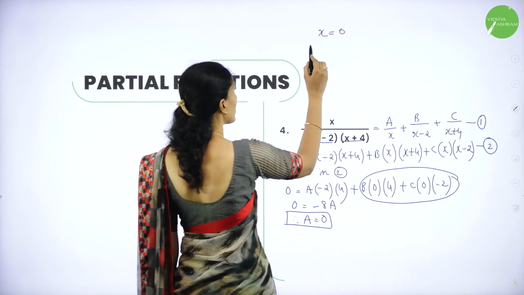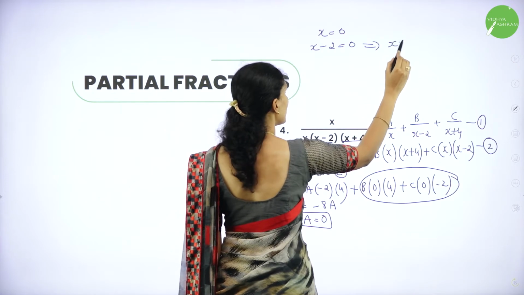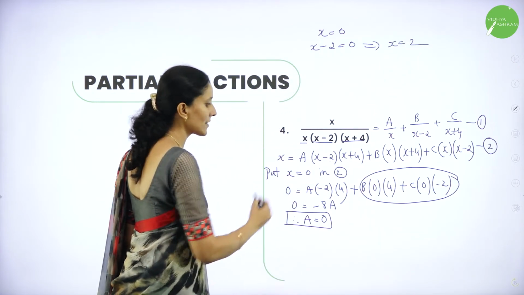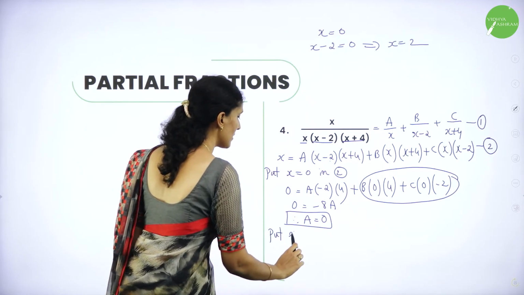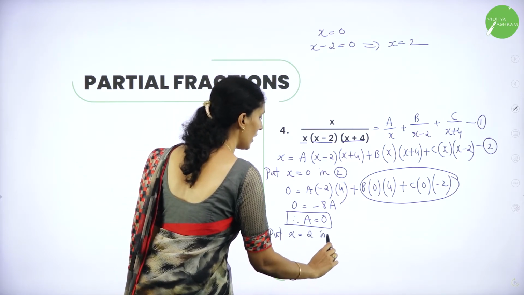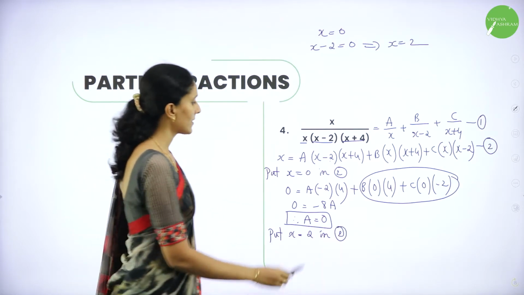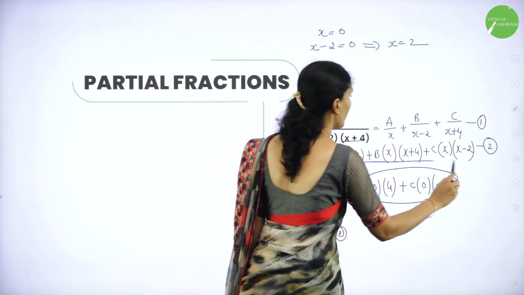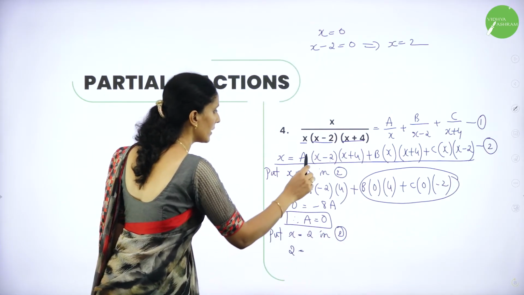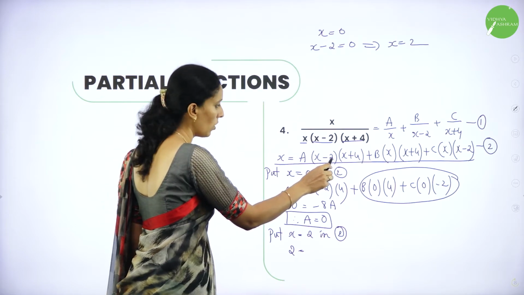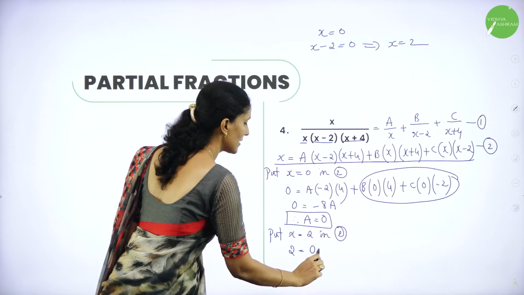Next linear factor, x minus 2 is equal to 0. That implies x is equal to 2. So put x is equal to 2 in equation 2. If you put x is equal to 2, here 2 minus 2 is 0. 0 into any term here is 0. So the first one is 0.